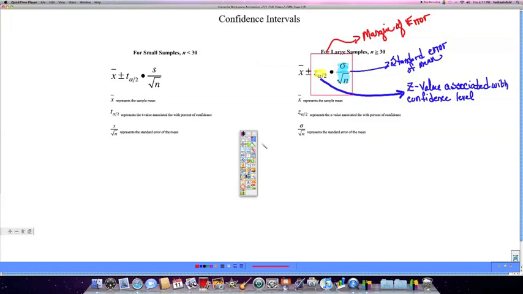Of course, over here for the t-scores, we have the same relationships. This t-score is associated with the confidence level that's given in the problem. And so that is something that we'll have to find, but it is basically provided by the context of the problem. So this is the t-value.